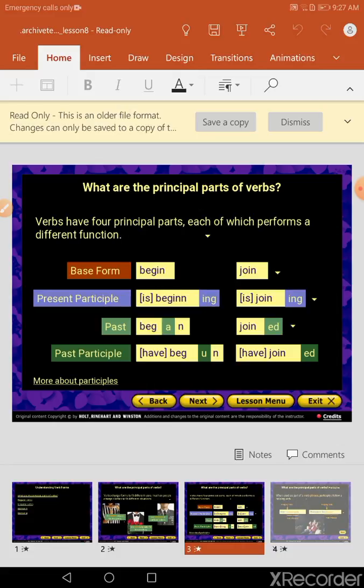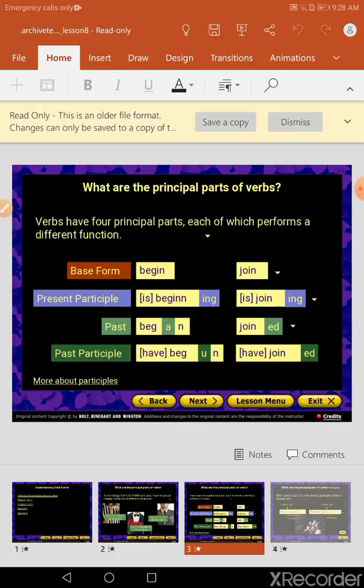The present participle will be beginning, and normally you use a form of the verb to be before it: am, is, are, was, or were, for example. So begin is beginning, the past of begin is began, and the past participle, which is used mainly after have, has, and had. So have, has, or had begun. So begin, beginning, began, begun, or have begun.